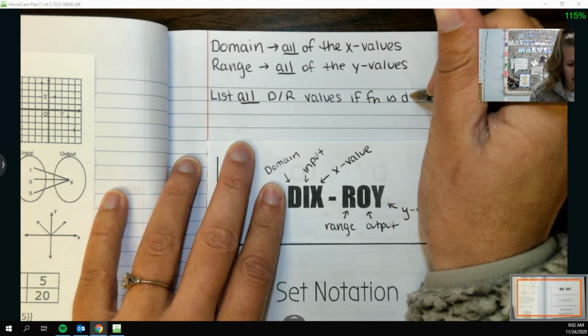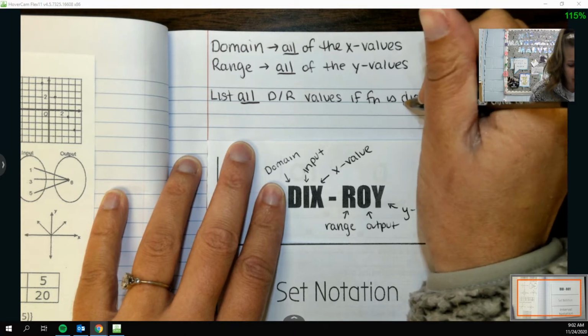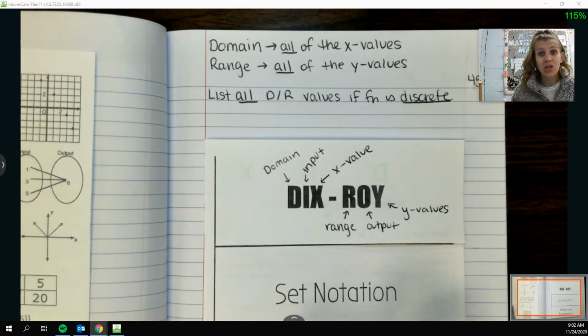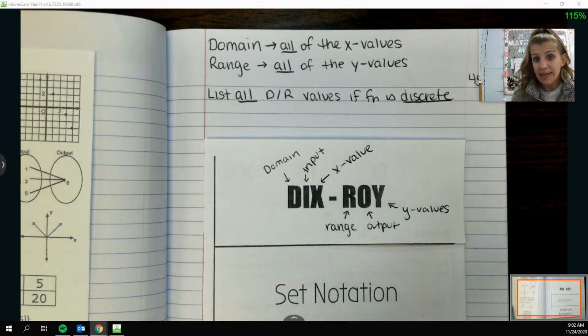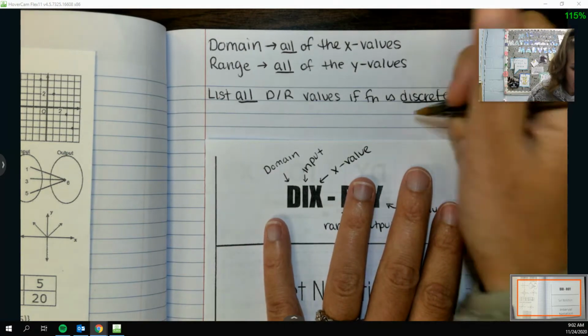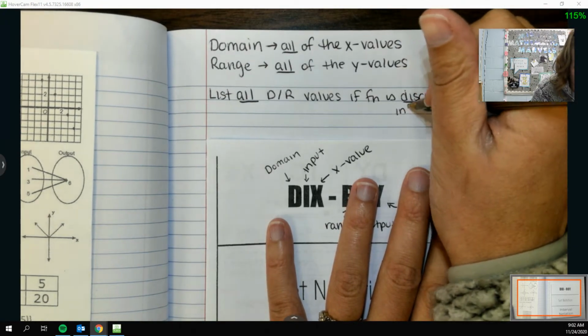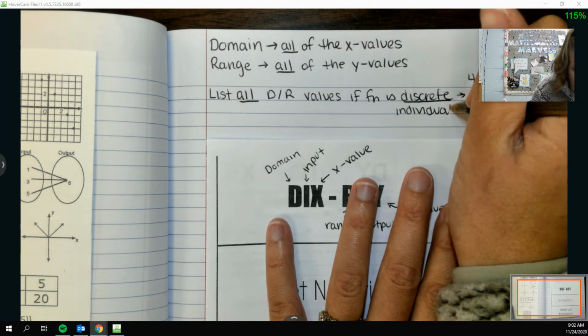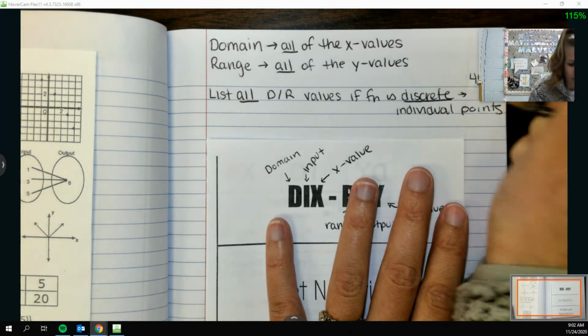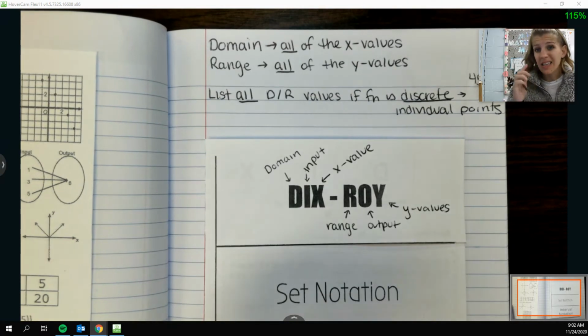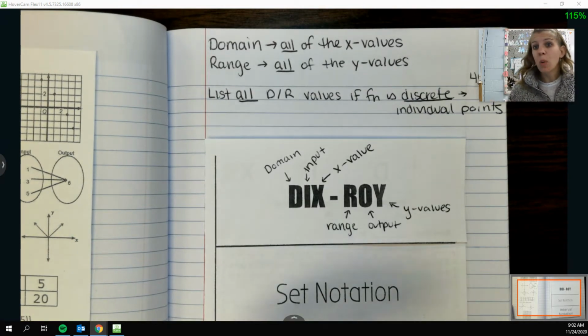What it means to be discrete is just a collection of individual points, not continuous. Because if I only have, say, 10 individual points, I can just list all the 10 x values and all the 10 y values, and that's it.